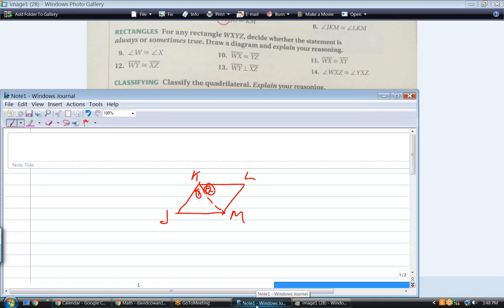Is that true or not? That's true. Only for a rhombus, not for a parallelogram. In other words, if I stretch that thing out so that it's no longer a rhombus, but that it's a parallelogram, those diagonals do not bisect. 1 is not equal to 2. But as long as it's 4 equal sides, it is.